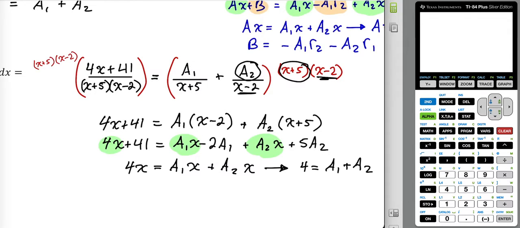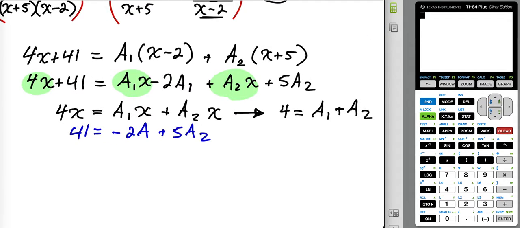All right, so telling me even more specifically that if I needed to guess and check, at least I know what neighborhood to be in. Maybe they're both 2s, the a1 and a2. Maybe 3 and 1. Maybe it's 5 and negative 1. Who knows? All right, it's the other relation that's going to narrow things down for us. So 41 is going to be negative 2a1 plus 5a2.